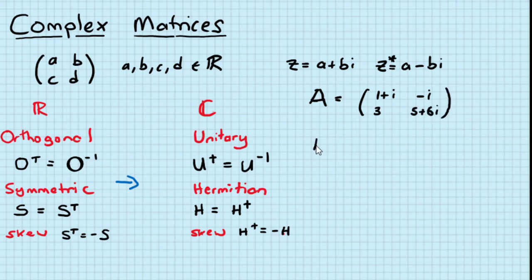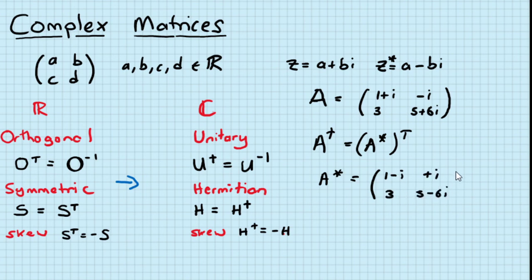If I want to find the dagger version of this matrix, I need to first take the complex conjugate and then do the transpose. The complex conjugate of this matrix is, well, you take the conjugate of each element. So it will be 1 minus i, plus i, 3 remains the same, and 5 minus 6i.